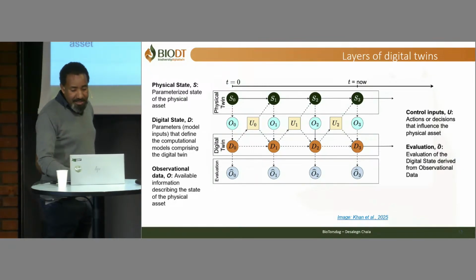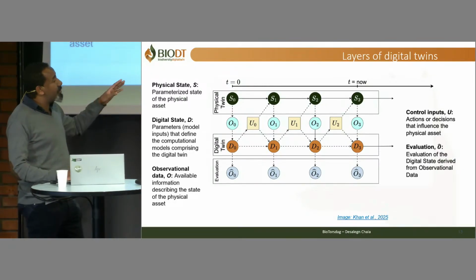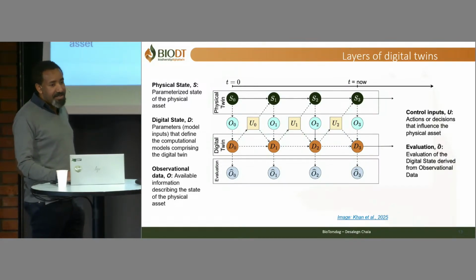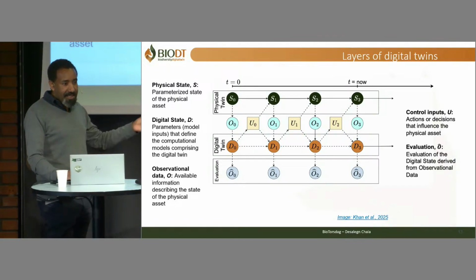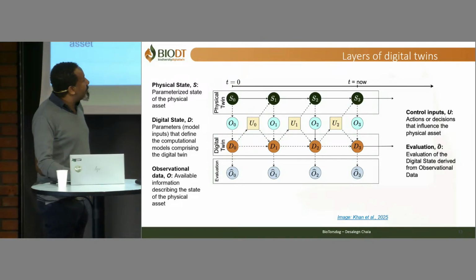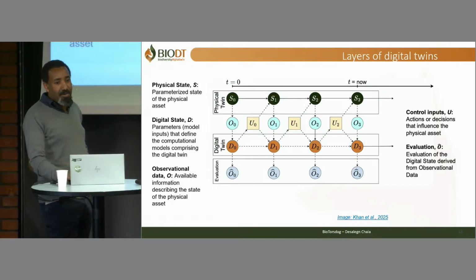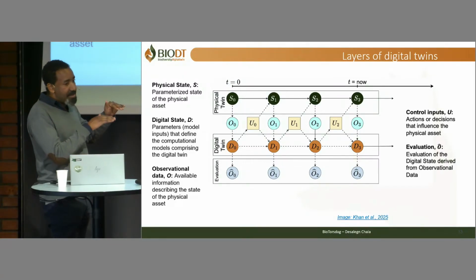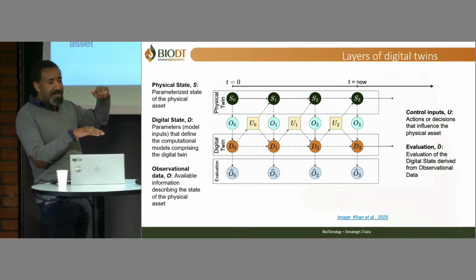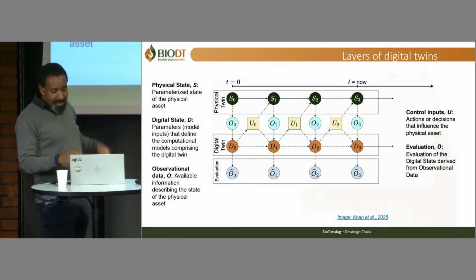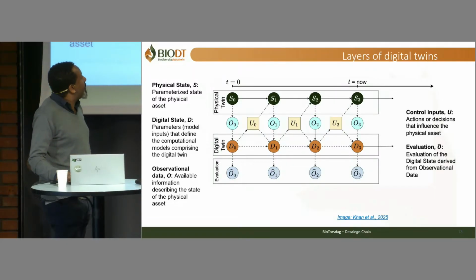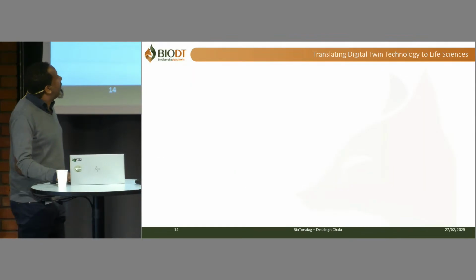In addition to that, it also has control inputs. The control inputs are the actions or decisions that influence the physical state after getting information from the digital twin. And we can also evaluate how valid what we are predicting is, or how much the digital counterpart is mirroring the physical counterpart. So it has all these components.